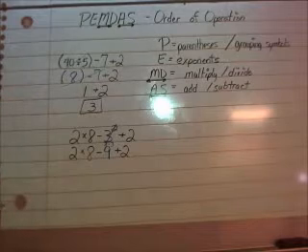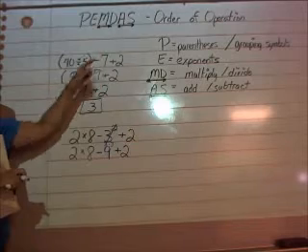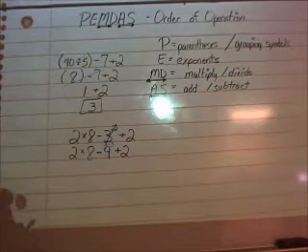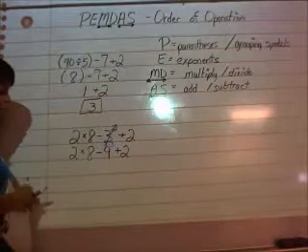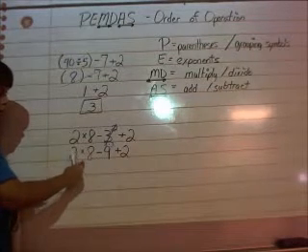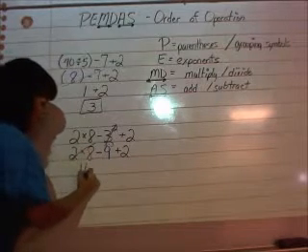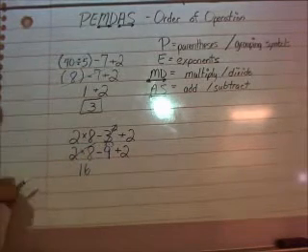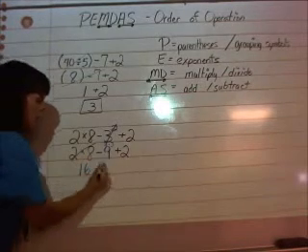Okay, so I'm starting all over again. Do I have any parentheses? No. Do I have any more exponents? No more exponents. Do I have any multiplication or division? Well, I have a multiplication problem, so I need to do that one next. So 2 times 8 is 16. And everything that I have not used in this row needs to come down.